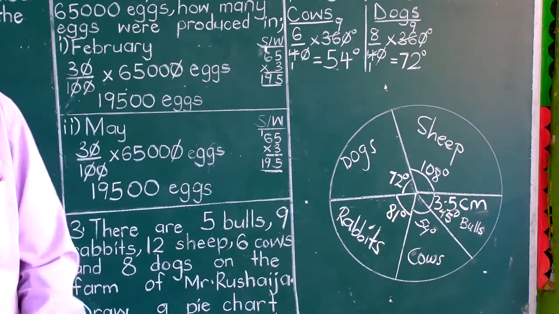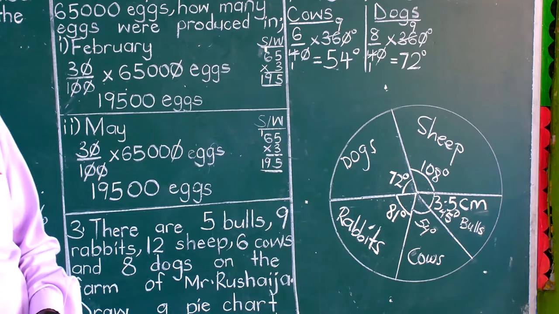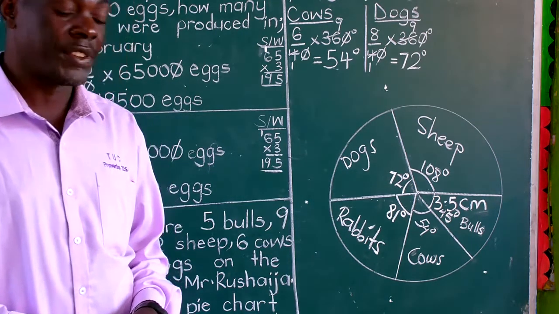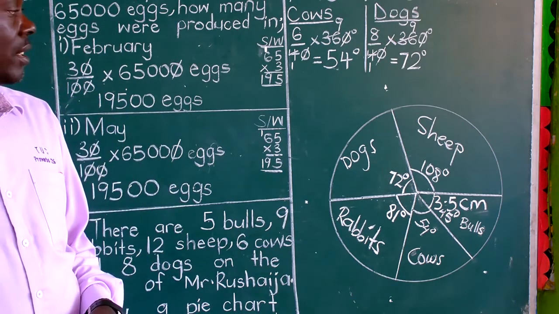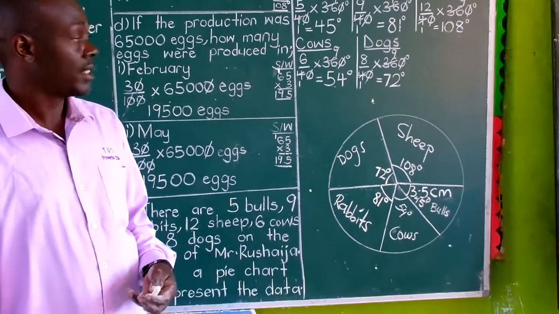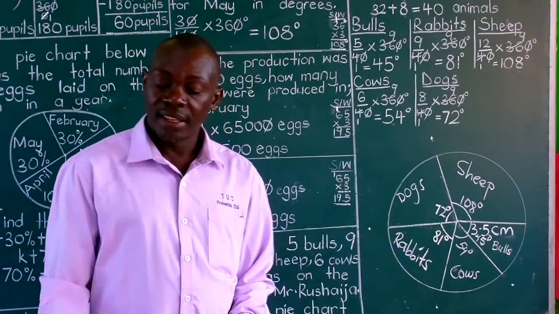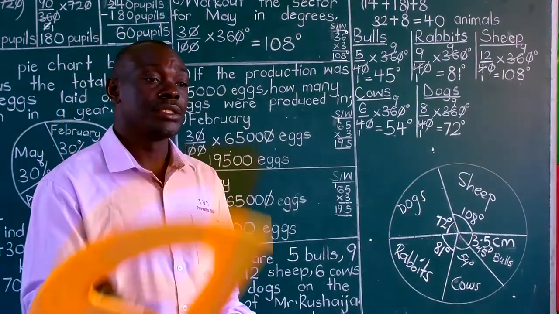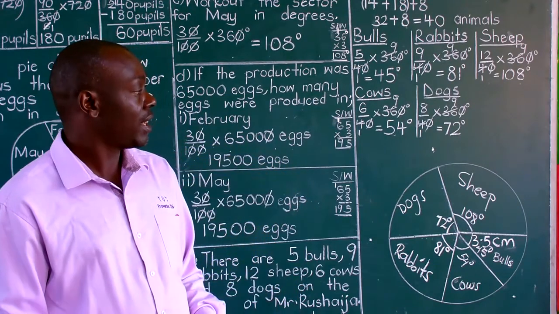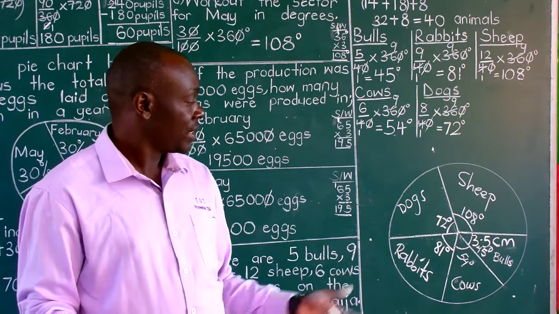So when you're told to draw a pie chart, ensure all the sectors are converted to degrees first. Then use the required radius or the given radius to draw a circle, show that radius, then go on measuring using a protractor. Those are the calculated angles.